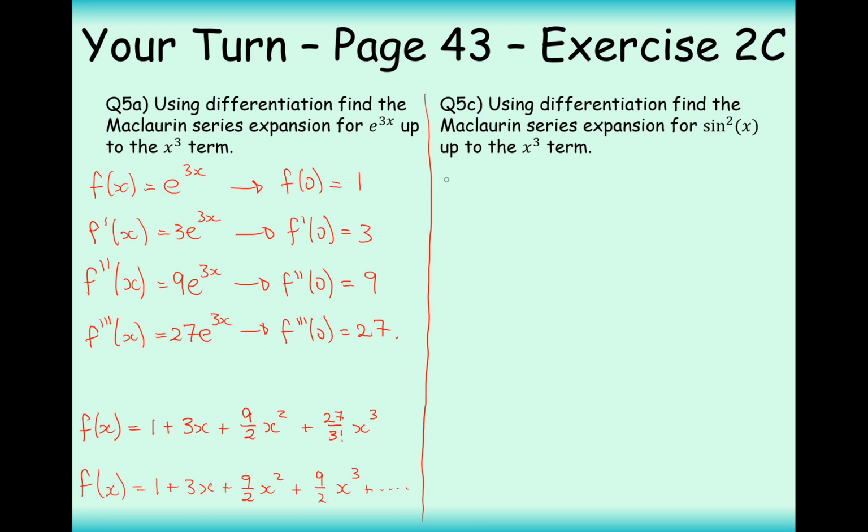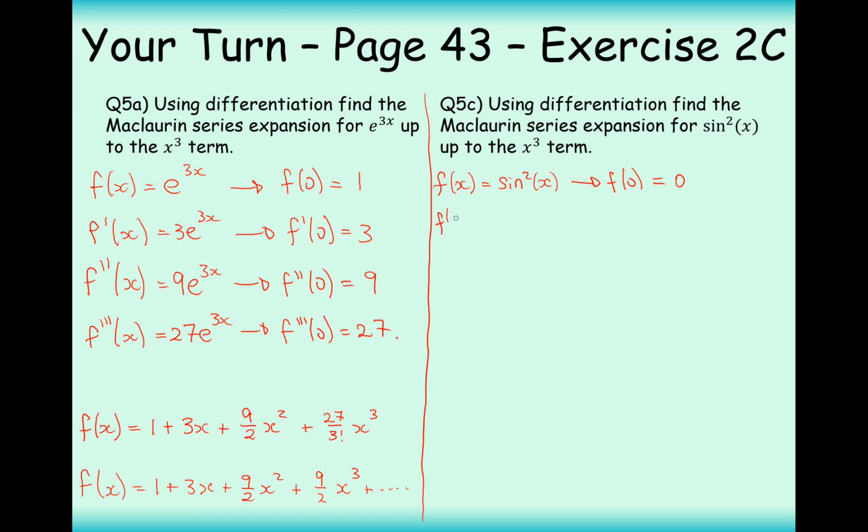And for the next one, a little bit more tricky, so f of x here is going to be sine squared x. And when we differentiate this, we're going to get f of 0 equals, well, sine of 0 is 0, so 0 squared, that's 0.